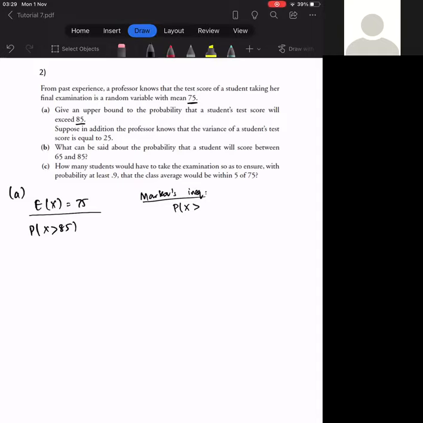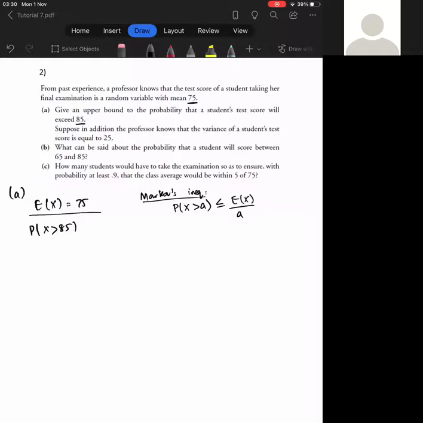Markov's inequality tells us that the probability of any random variable X exceeding some a is upper bounded by its expected value divided by whatever a you're trying to find.